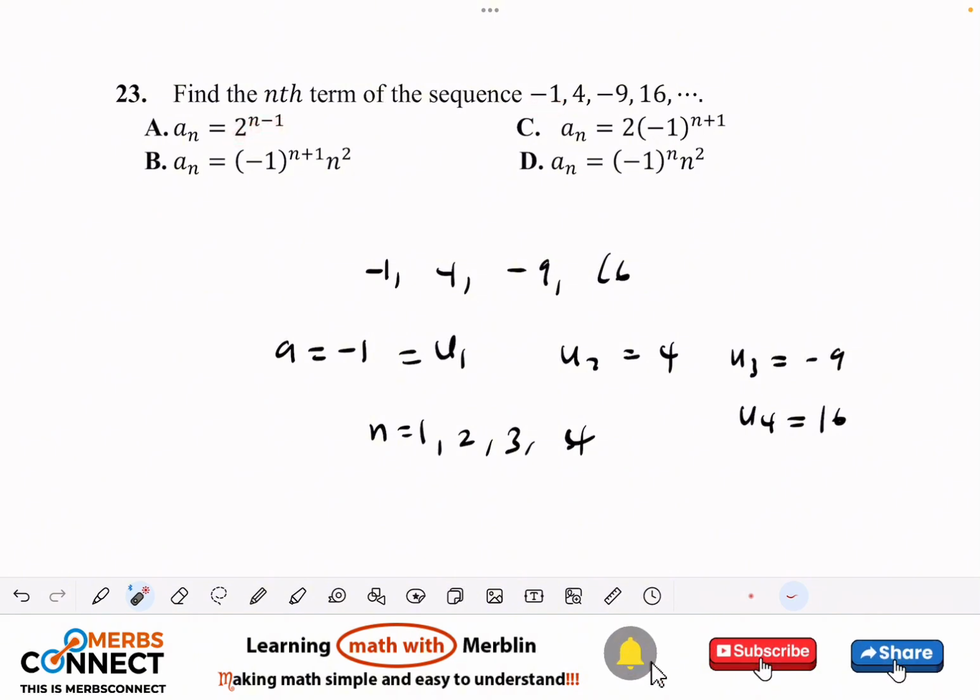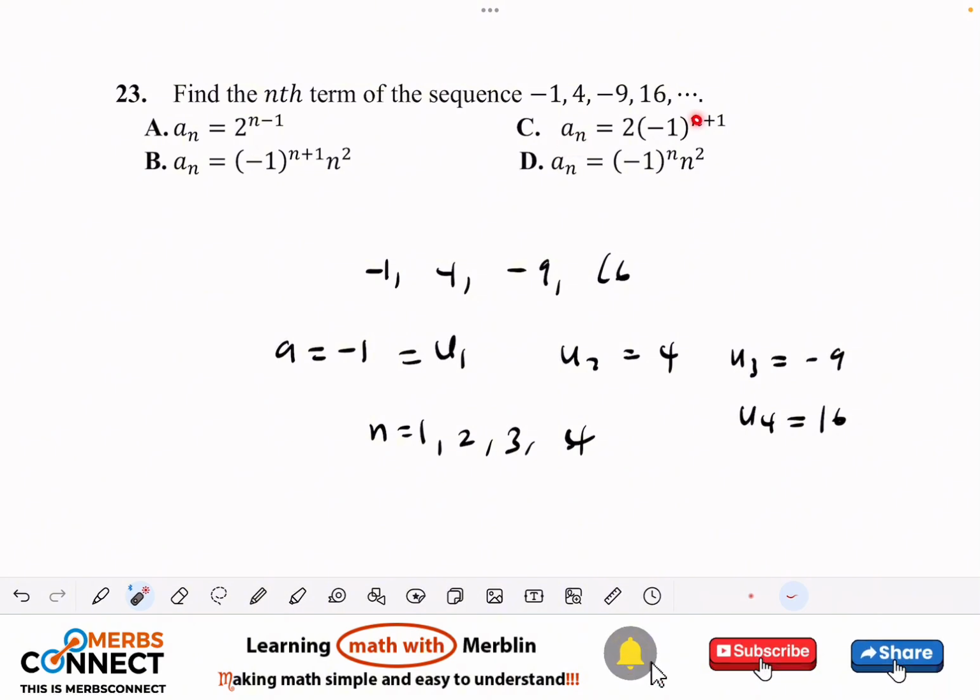Is that right? Good. Now let's look at this one too. When I plug in 1 here, 1 plus 1 will be 2. Minus 1 squared will be 1. 1 times 1 is 1, which is also not true. So it is out.